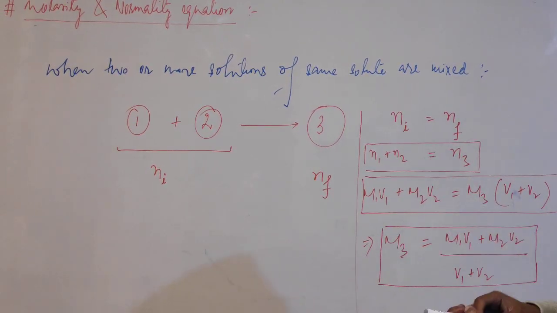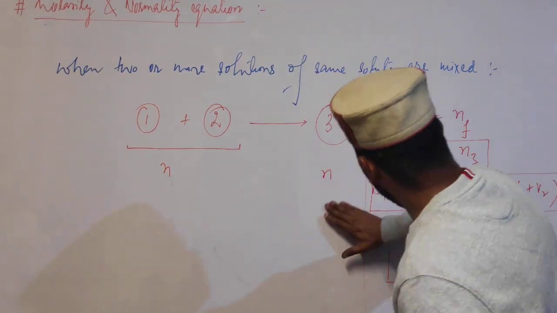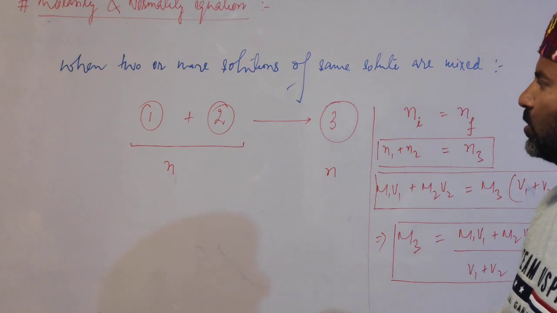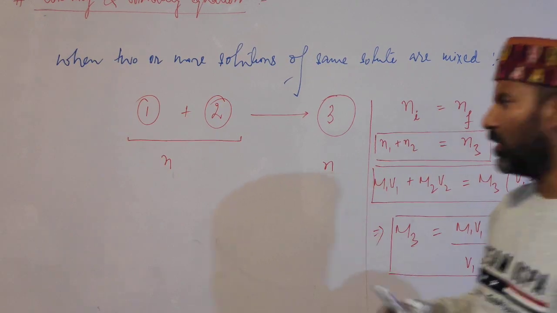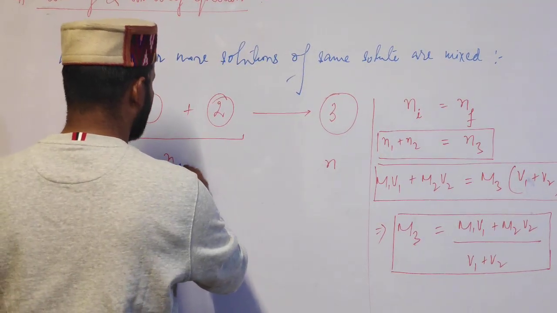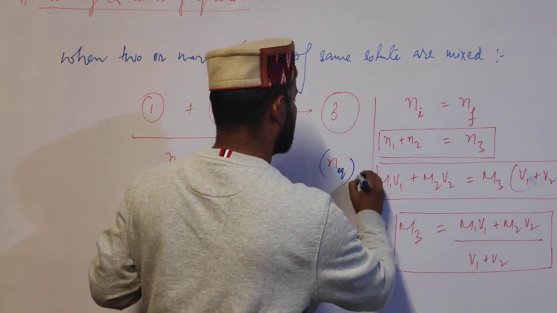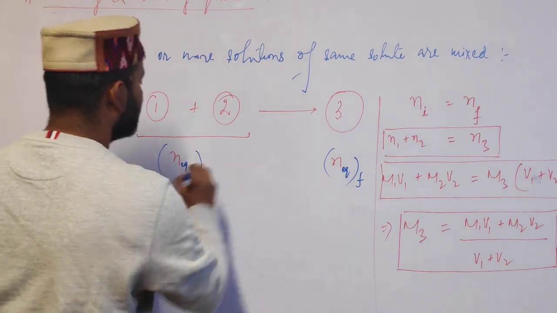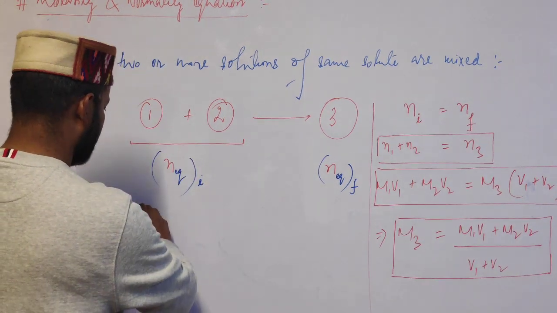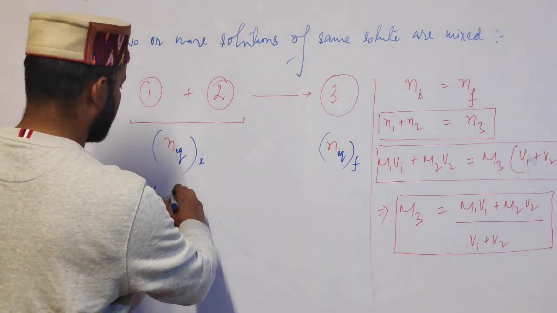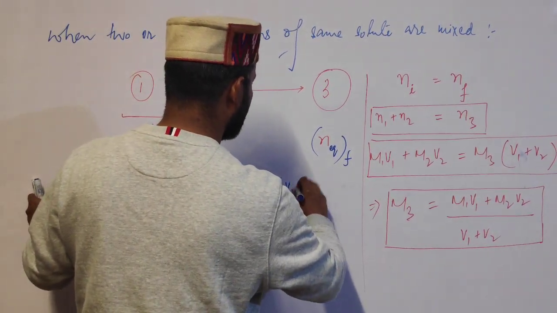Now students, similarly we can derive the normality equation, because again the concentration is now expressed in gram equivalents, but the amount of solute before and after mixing remains the same. So here we can also write that gram equivalents of solute before and after, means in the final and initial solutions, gram equivalents will remain equal. Now gram equivalents initially mean N1V1 plus N2V2, and finally we have N3V3, and V3 will be V1 plus V2.